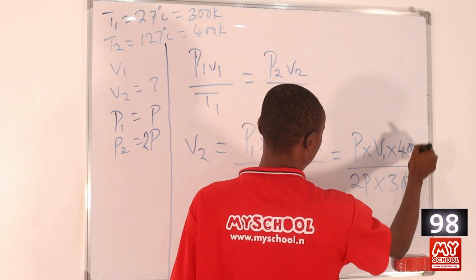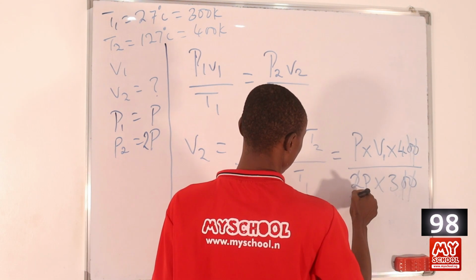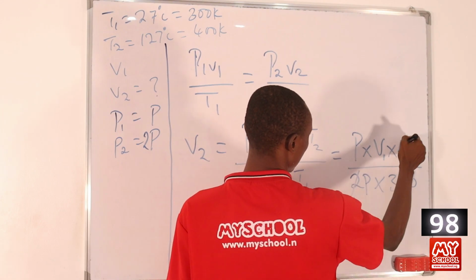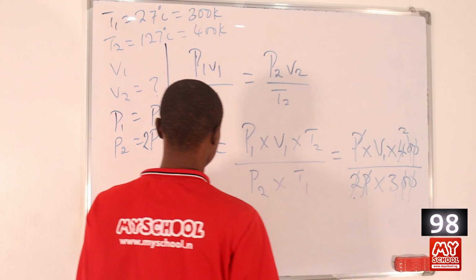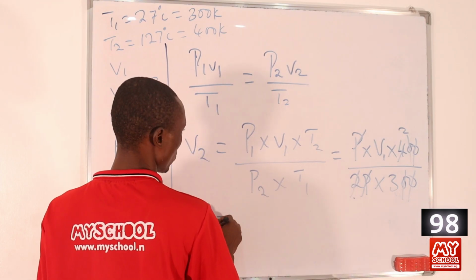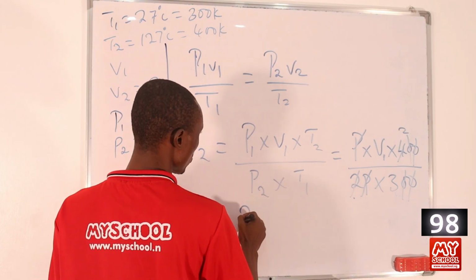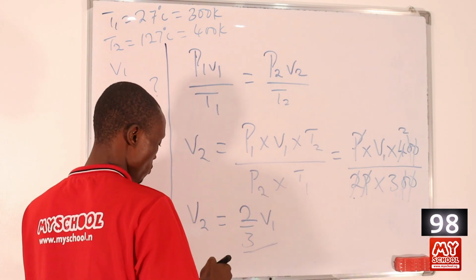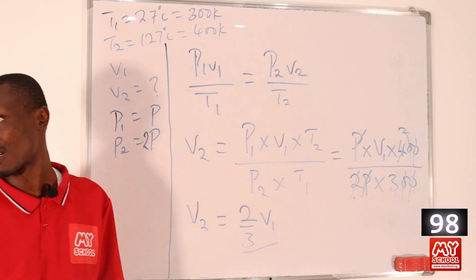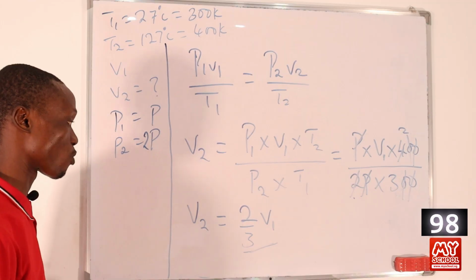So we take out the zeros, 2 over 2P gives us P left, and the P cancels the other P, so that our V2 is equal to 2 over 3 V1. But now, remember in this question, we are asked to tell what the volume will be.